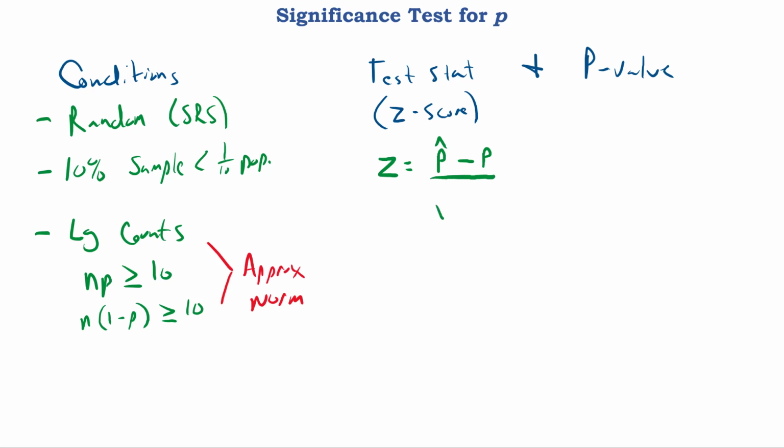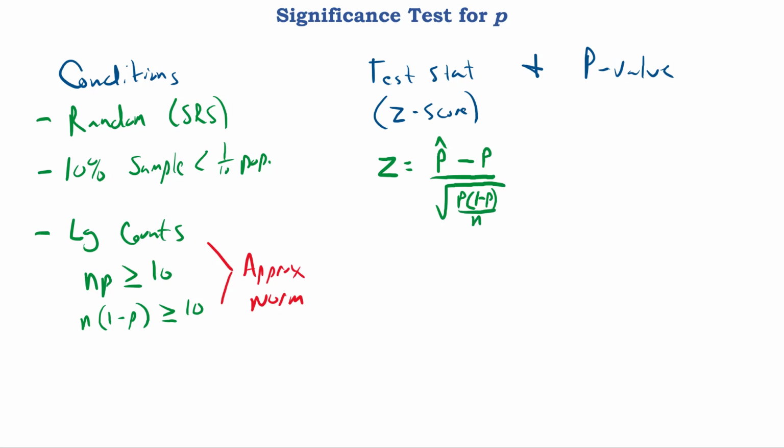The standard deviation is calculated by the square root of your proportion p times 1 minus p, all over the sample size.